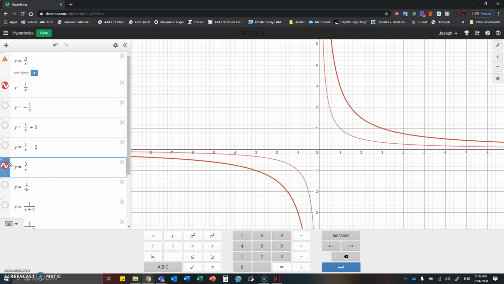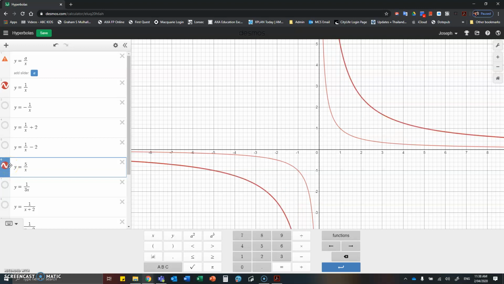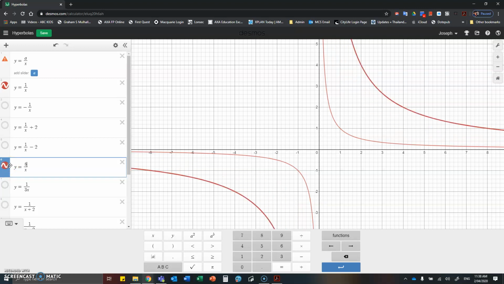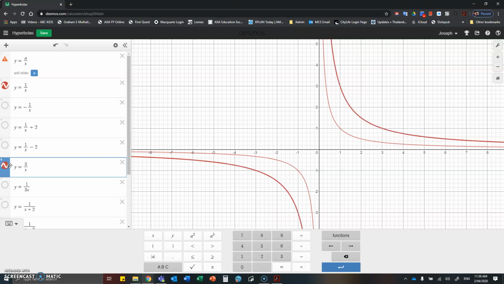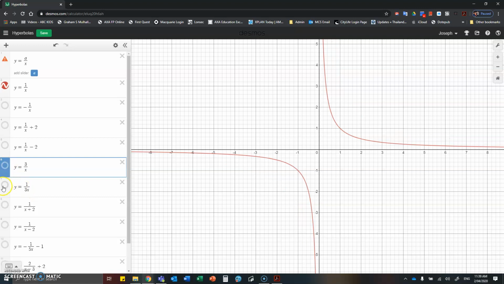And if we make this value of a more, we bring it 5, 6, 7, 8, you'll see that the dilation is making it even wider. So let's bring that back down to 3 here. Then we have another graph where, well, what happens if we have a coefficient of x down at the bottom? So we'll have 1 over 3x, and you'll see that, well, it's like the third, okay?